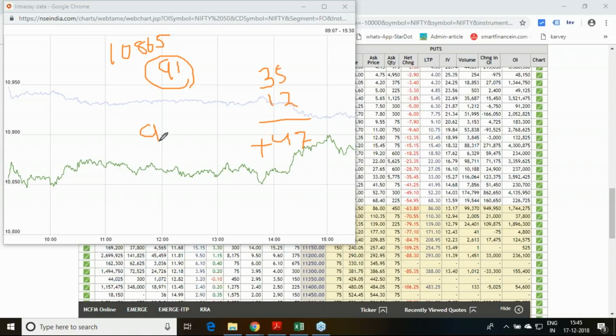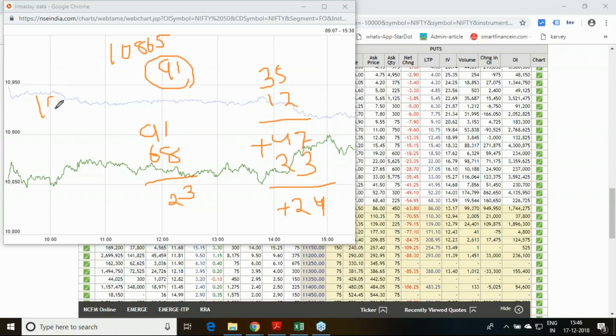So 91 minus 68, so 3 and here it's 23. So 23, if I can subtract it from here, so 4 and here 2. So near to 1,700 plus or 1,800 rupees profit you have in this particular trade.